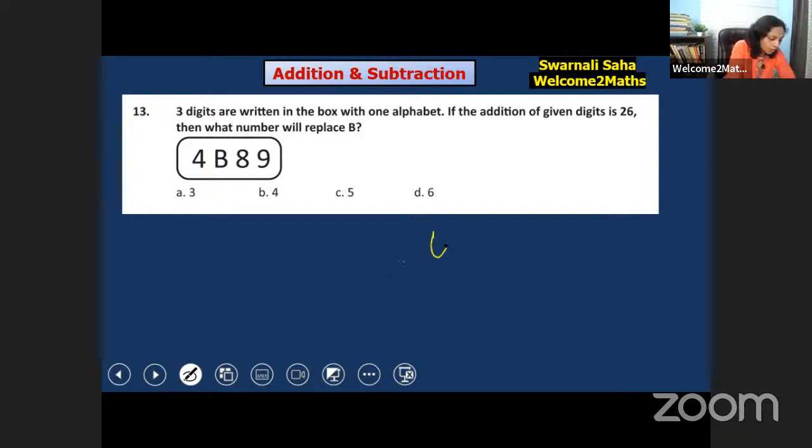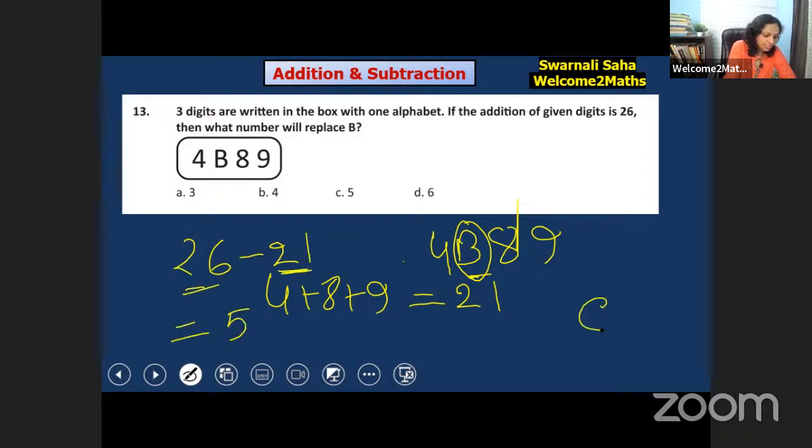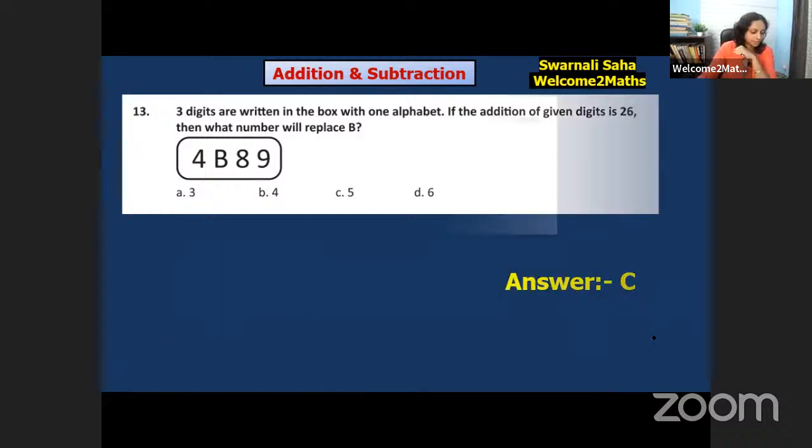Why? Because 4, B, 8, 9 here. So we have to find out B only. So 4 plus 8 plus 9 is how much? 21. And here we have addition is 26. So we have to subtract 21 from 26 and it is 5. So C is the answer. Very good. 5. 13C. Very good. C is the answer.